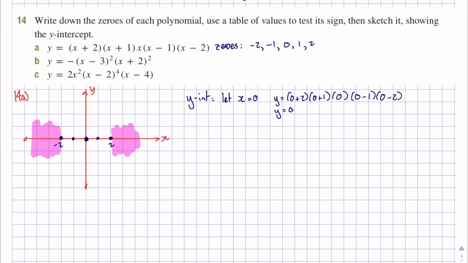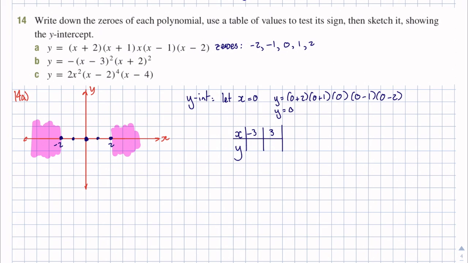So our table of values, x, y, you're probably going to sub these in your calculator, so it's going to be nice and quick for you. So I'm going to have x equals -3 and x equals +3. So if we have -3 plus 2, -3 plus 1, -3 take 1, -3 take 2.